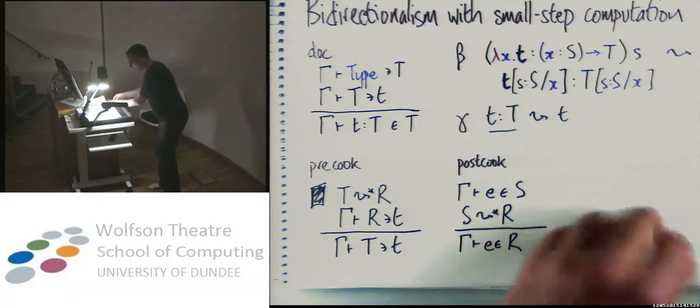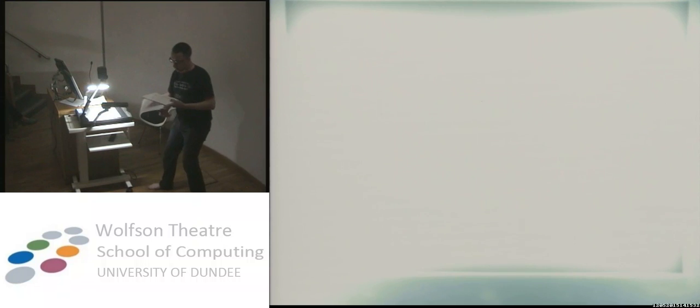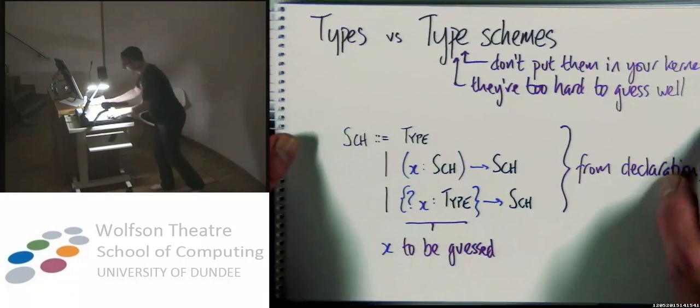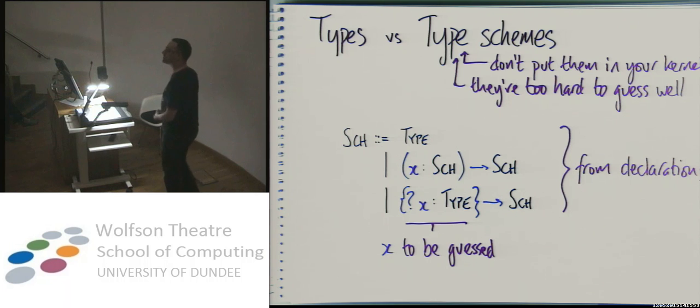Okay, so I should try and get off stage. So I'll not digress via effects. I'll say something about types and type schemes. Type schemes are still extremely valuable things, but I recommend keeping them out of your kernel theory because they're extremely difficult to guess.